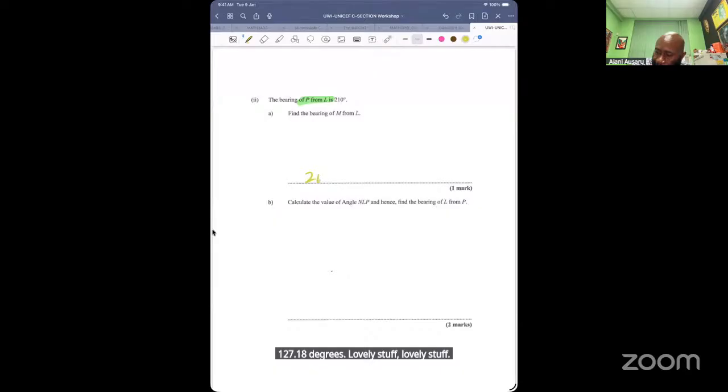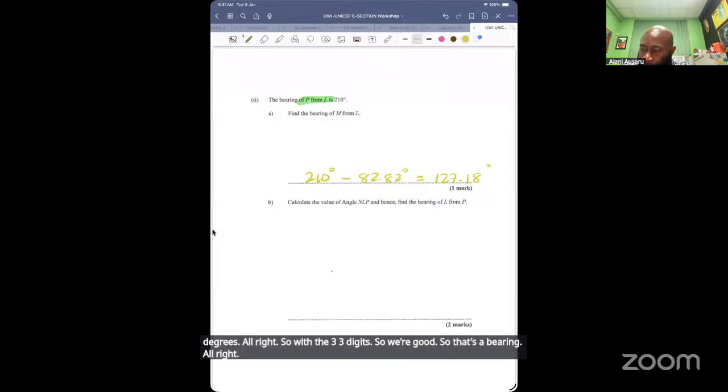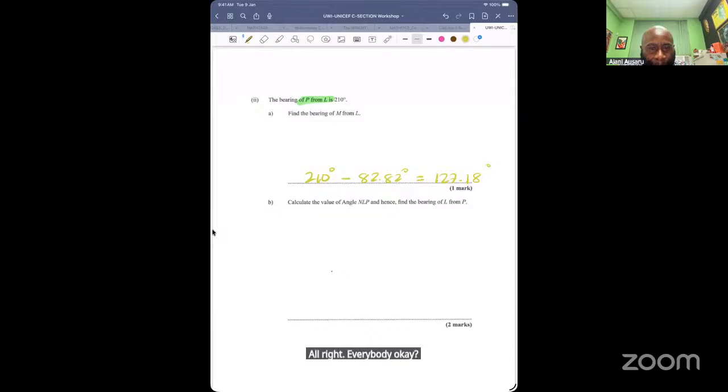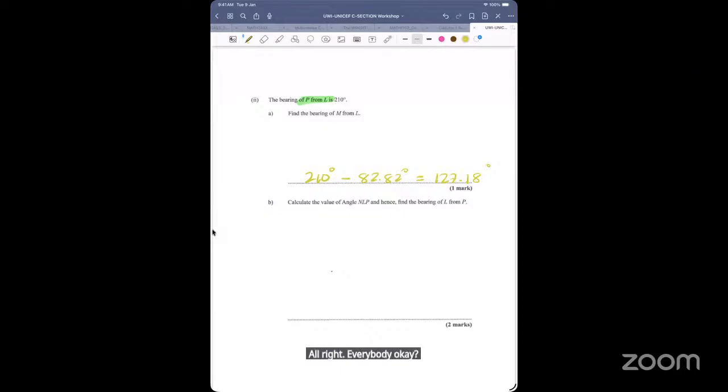So it's 210 degrees minus the 82.82, which is equal to 127.18 degrees. All right. So with the three digits, we're good. So that's a bearing. All right. Everybody okay? Yes, sir. All right. Lovely.